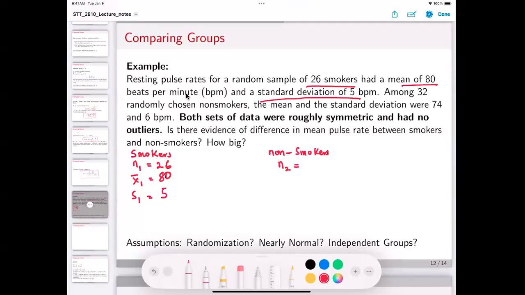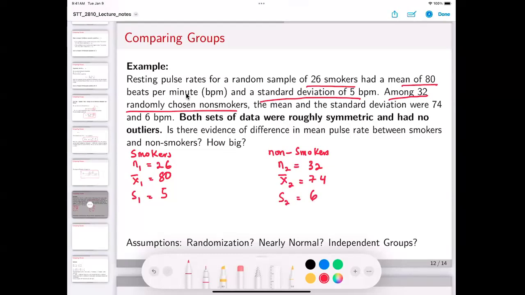Their sample size is 32, you can see from here. And then we are told that the mean and the standard deviation are 74 and 6 beats per minute. So we can see X bar 2 is 74, and S2 is 6.